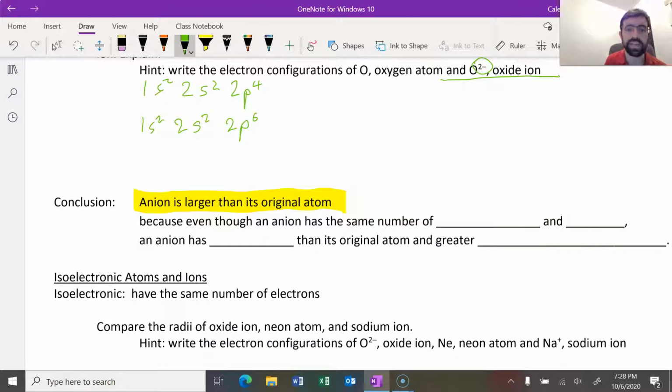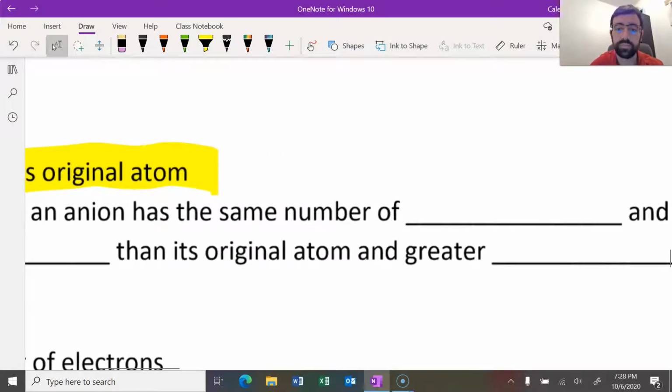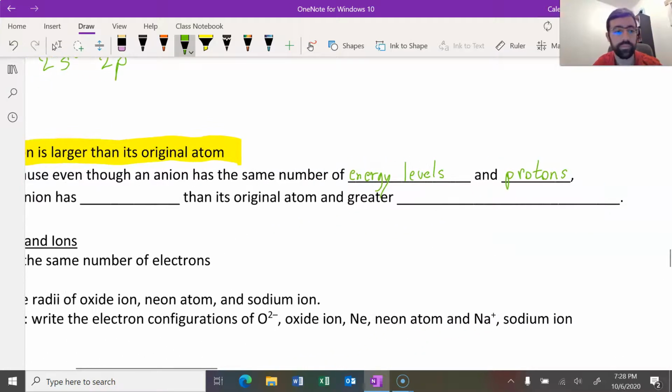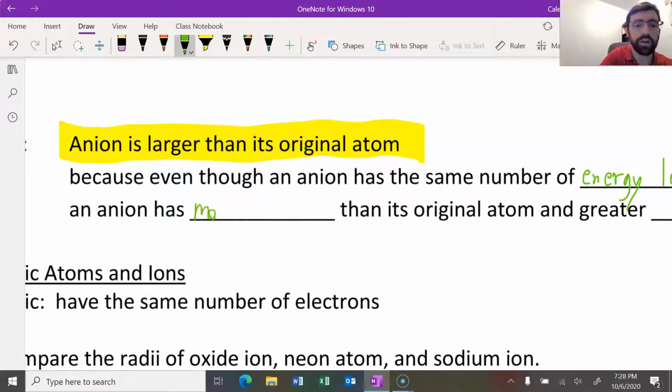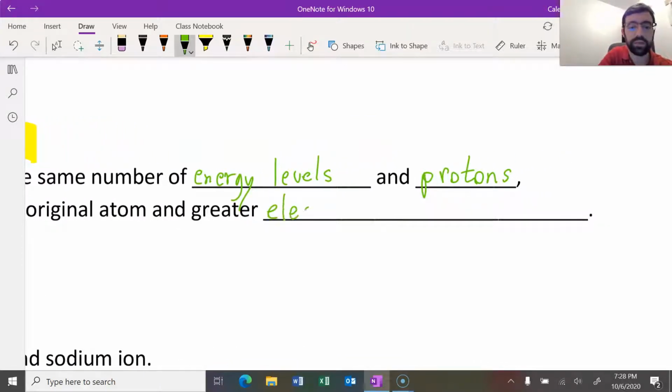Let's explain why. Because even though an anion has the same number of energy levels, or we could say shells, and it has the same number of protons, an anion has more electrons than its original atom and greater, this is a really key term, electron repulsion.